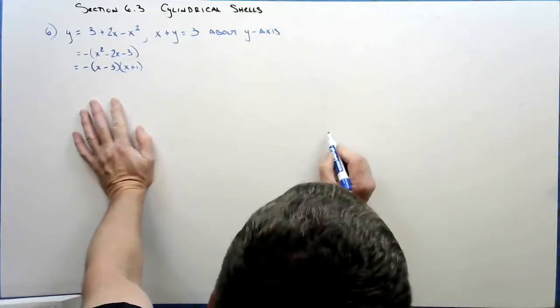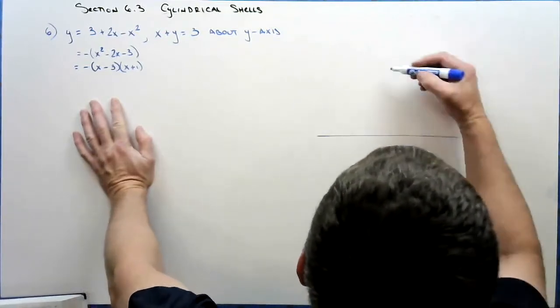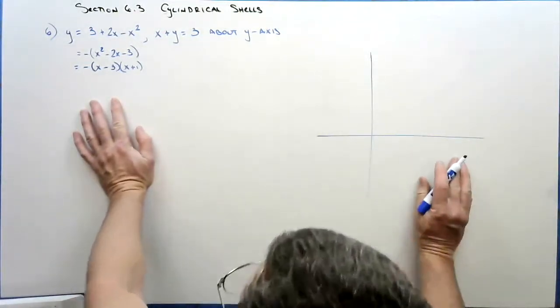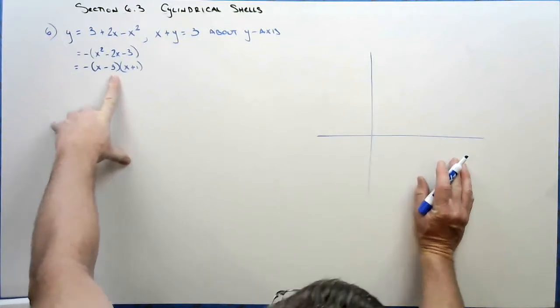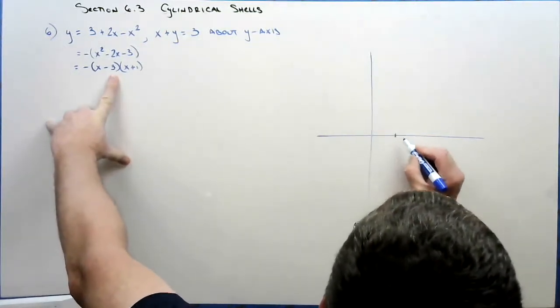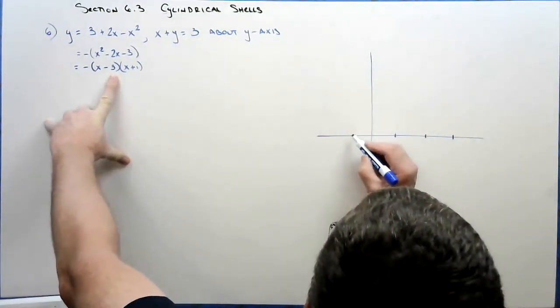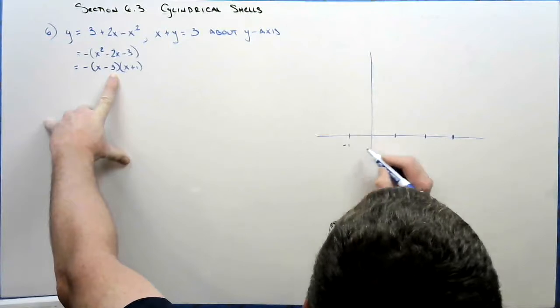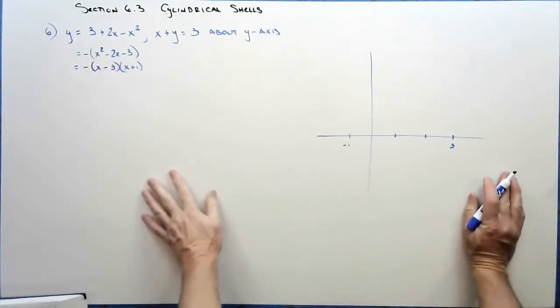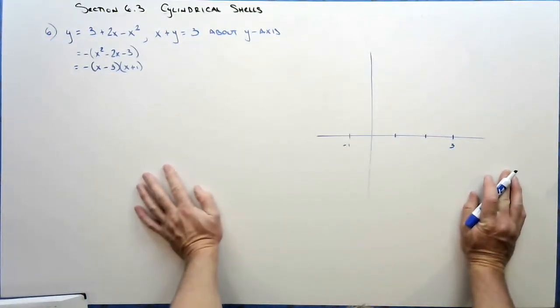Now we're going to revolve this around the y-axis. So if we draw this, we have an x-intercept of positive 3, an x-intercept of negative 1, and it opens down.